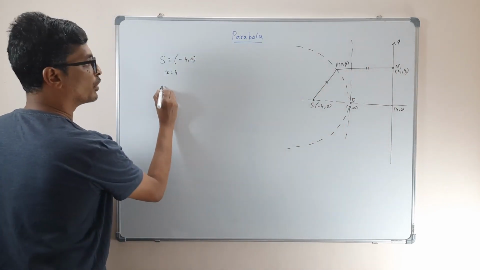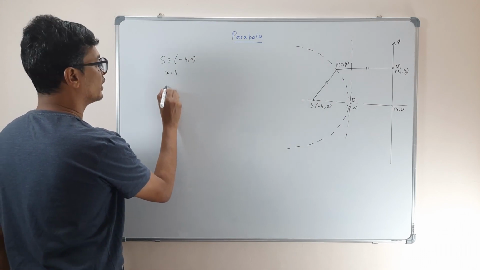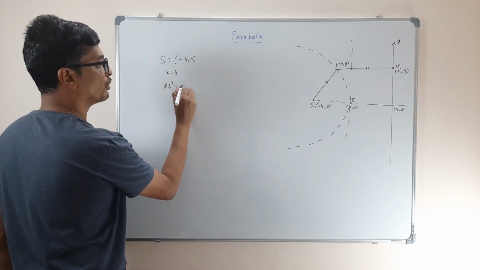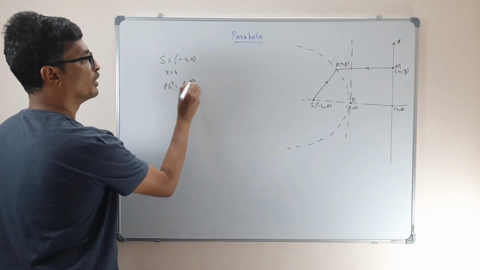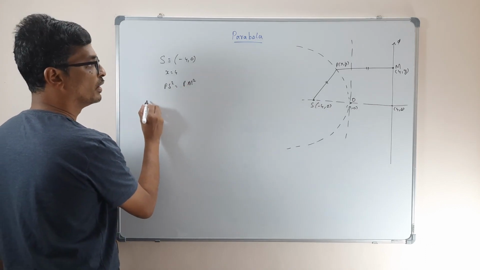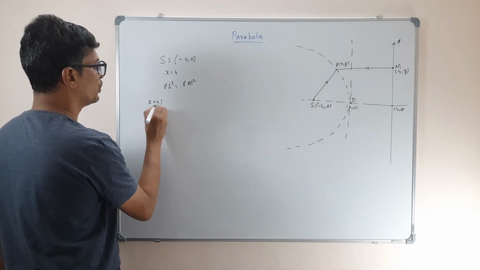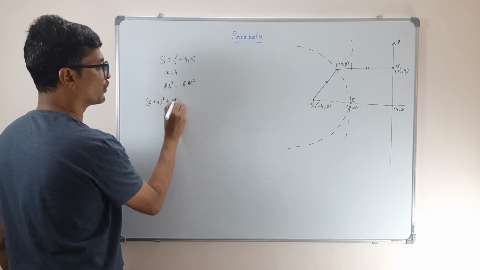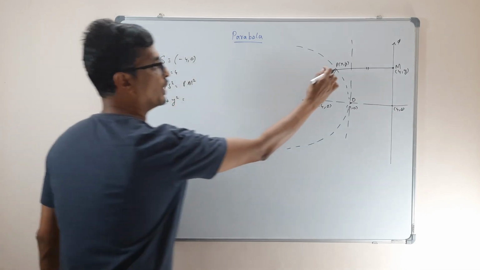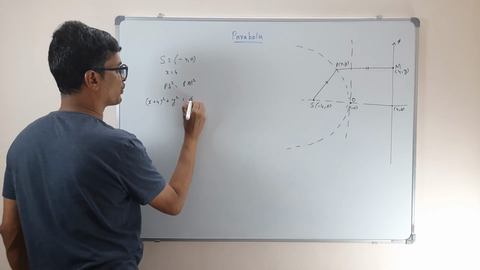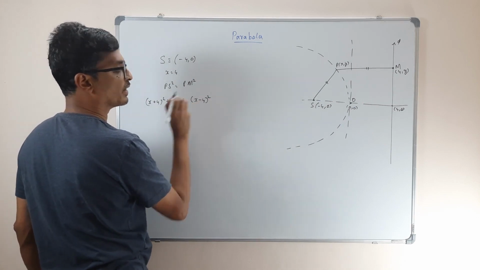So now these two distances have to be equal. As a parabola, what it says is PS square should be equal to PM square. Am I right? So what is PS square? Tell me. x plus 4 whole square plus y square should be equal to PM, which is x minus 4 whole square. That's it, right?